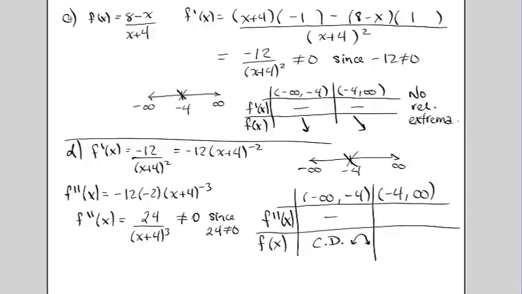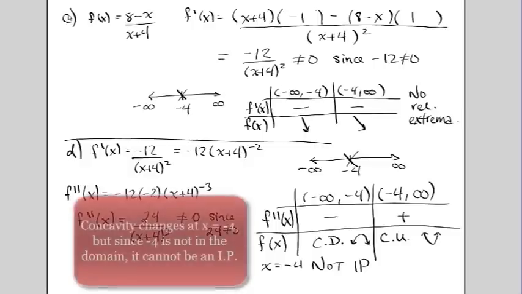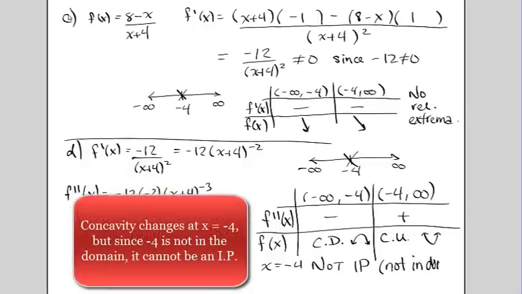If we choose a value in the second interval, from -4 to positive infinity, f double prime of x is positive, which means the graph of the original function is concave up. But remember that x equals -4 is not an inflection point in this case because -4 is not in the domain of the function.